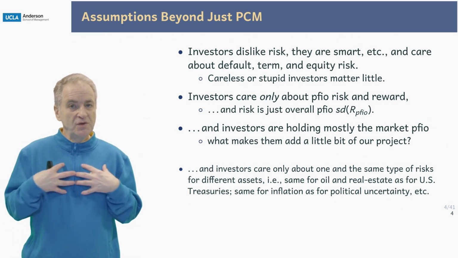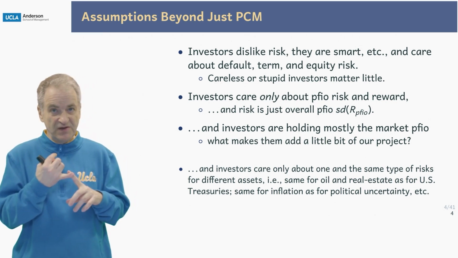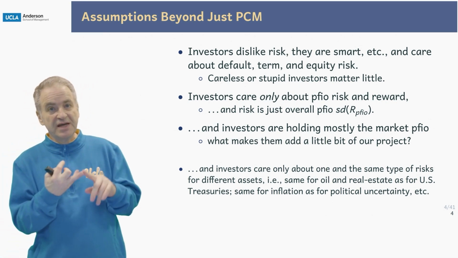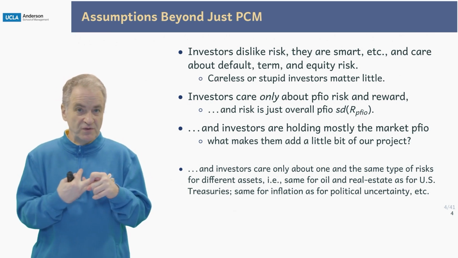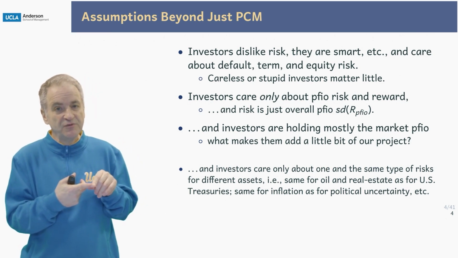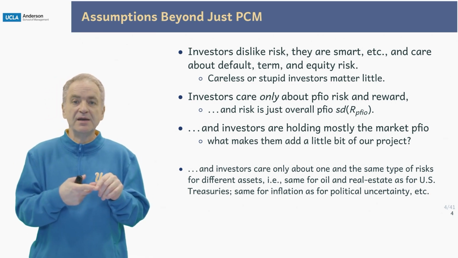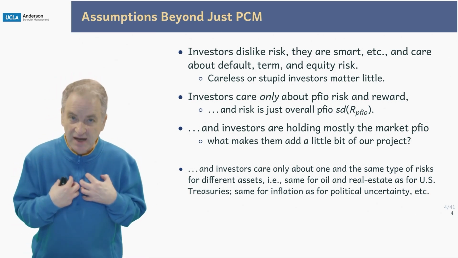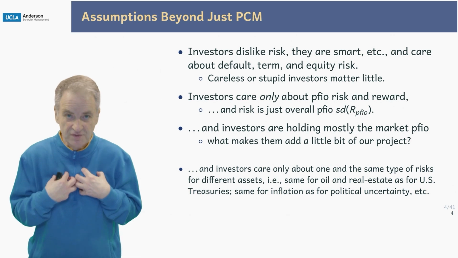And now I'm going to ask, if my very smart investors who dislike risk, like expected rates of return, what kind of project would they like me to take on their behalf, me as the corporate manager?